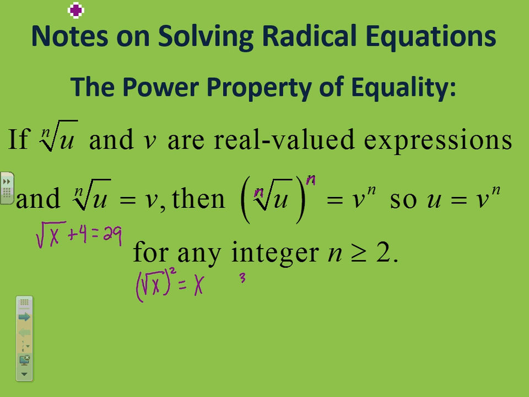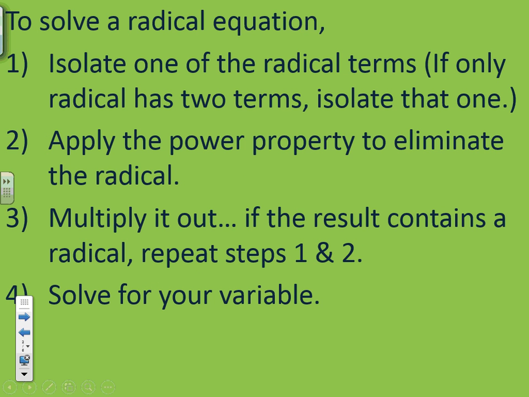The cube root of x to the third power will be x. We're just going to raise the radical to whatever the power of the root is, and that is how we're going to undo it. So there's nothing really new.